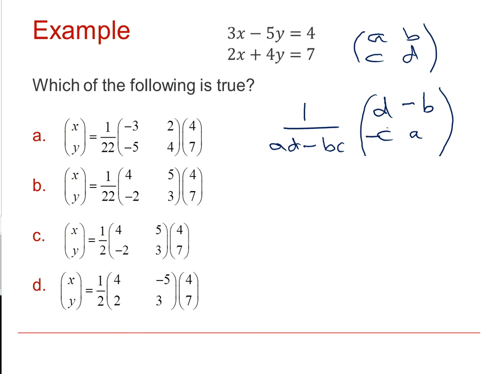Thus we can see that for C and D, 3 times 4 minus 5 times 2 would be 1 over 22, so C and D have made a mistake in calculating the determinant. In A, they have not swapped around the A and D correctly, therefore B is the correct solution.